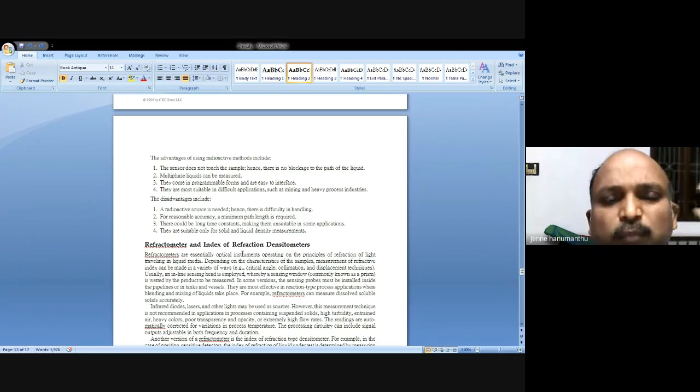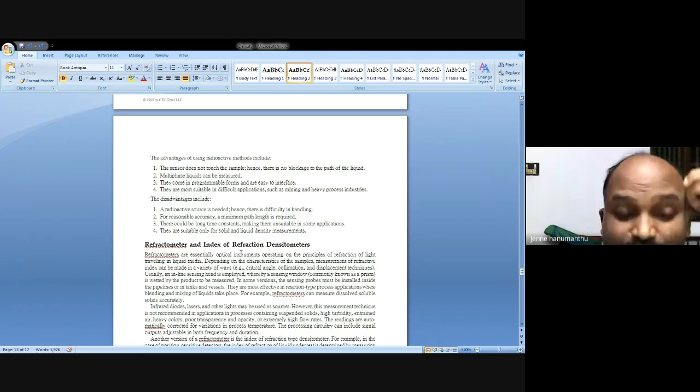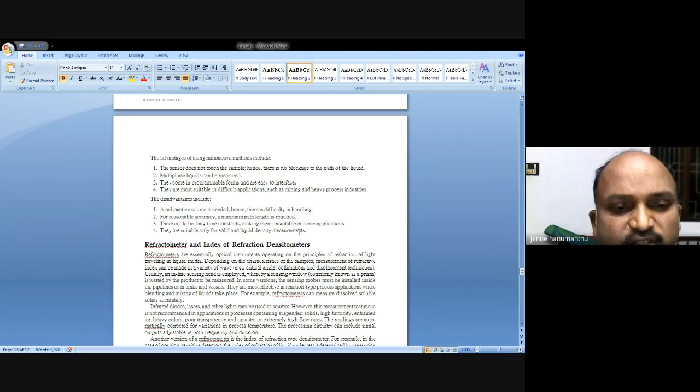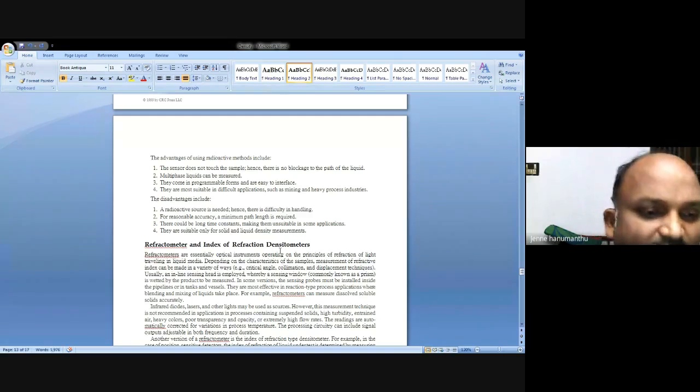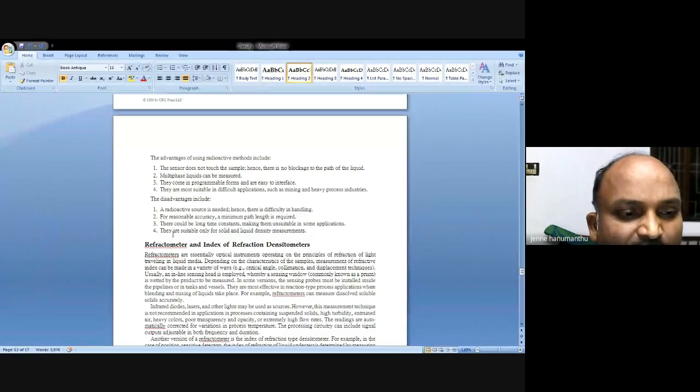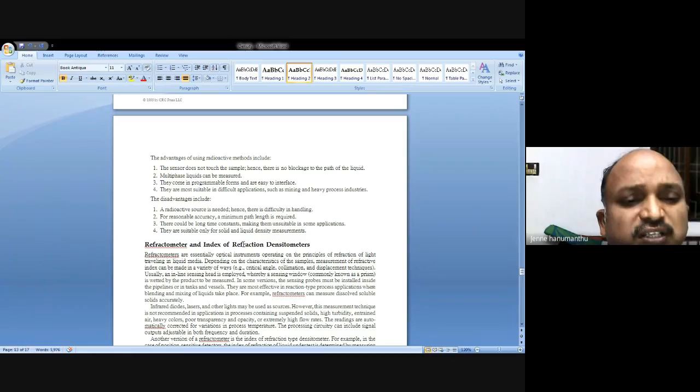There can also be long time constants, making them unsuitable in some applications. They are suitable only for solid and liquid density measurements. But of course there are other techniques you can use for gaseous systems.